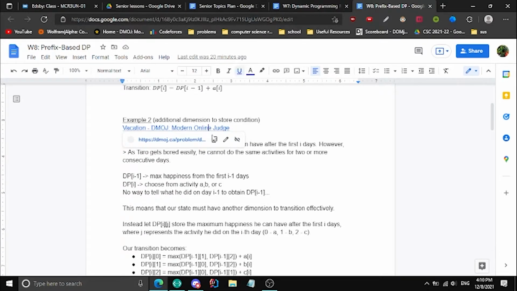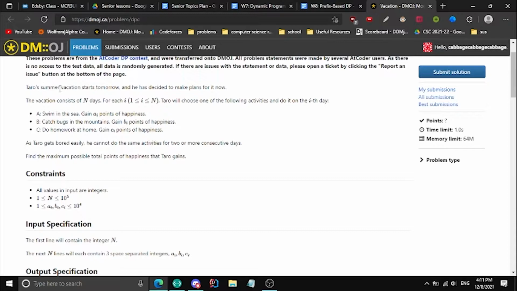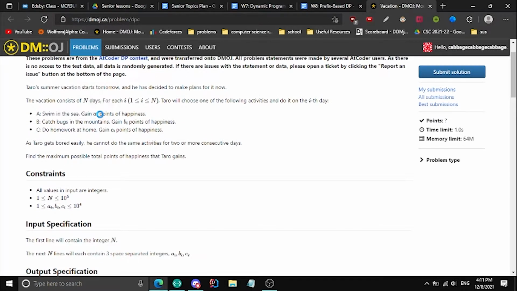For our second example, we're going to be looking at this problem. Taro's summer vacation starts tomorrow, and he has decided to make plans for it now. The vacation consists of n days. For each I from 1 to n, Taro will choose one of the following activities and do it on the ith day. Activity A, swimming in the sea, gains A I points of happiness.